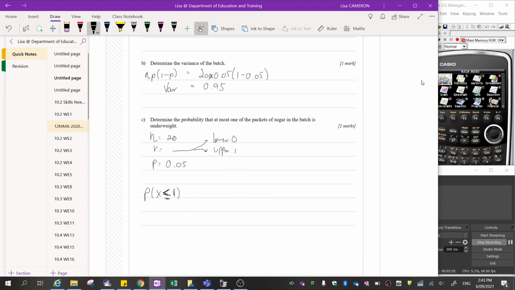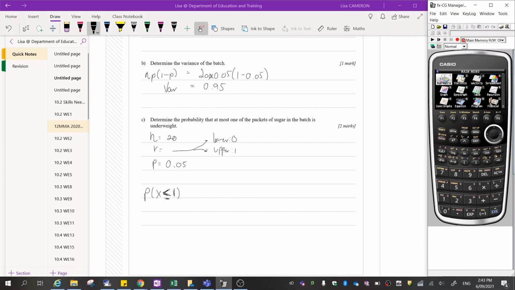So, go over here to my calculator, statistics, distribution, binomial, BCD, because we're accumulating different things. You want to make sure that this one says variable.